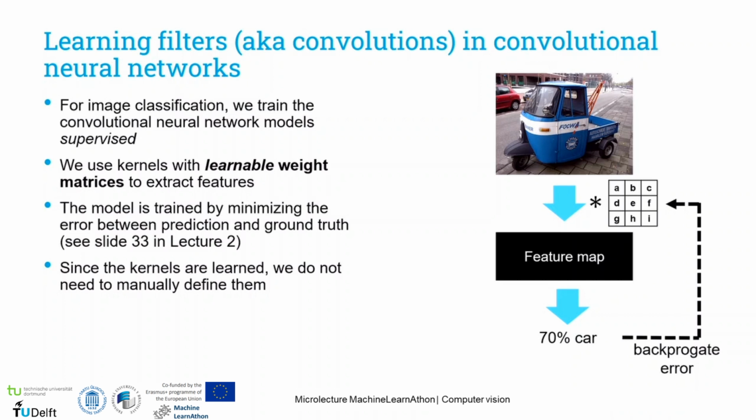We know better. We know the actual value because it's labeled data, because it's supervised learning, classification. Having the real true value, the ground truth, we can calculate an error. Using backpropagation, we can find the partial derivative of the error with respect to the parameters.